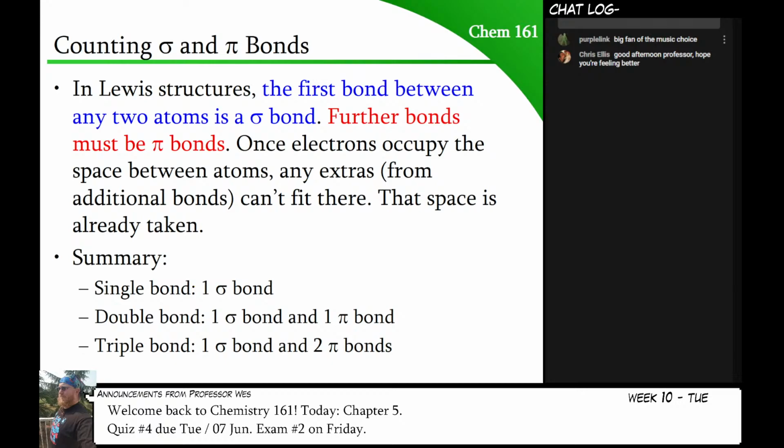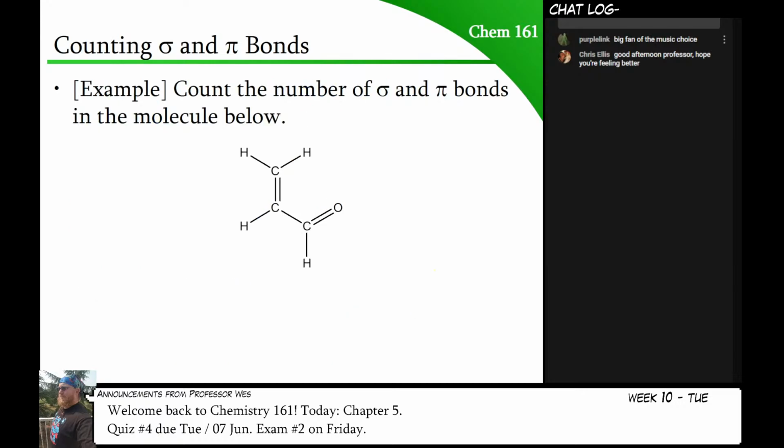Now, if I draw the structure of something, you should be able to count the number of sigma bonds and pi bonds in it relatively easily. Because remember, the first bond between any two atoms is a sigma bond. So what we're going to do is take out blue, and I'm going to go like this. 1, 2, 3, 4. Whenever I'm given this type of question, this is what I do.